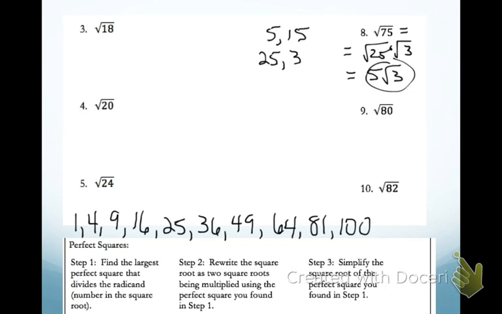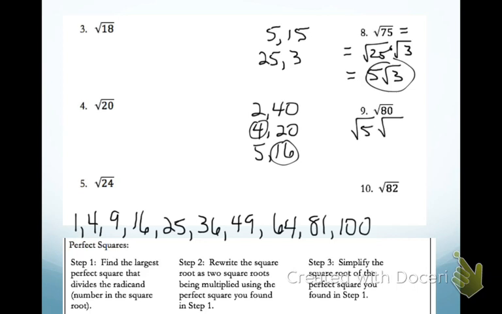All right, 80, 2 and 40. Neither of those are perfect squares. So 3 and 4, 4 and 20. 4 is a perfect square, but I'm going to keep going. So 5, if you divide 80 by 5, you will actually get 16. And so 16 is a bigger perfect square than 4. So I'm going to break it into that pair.